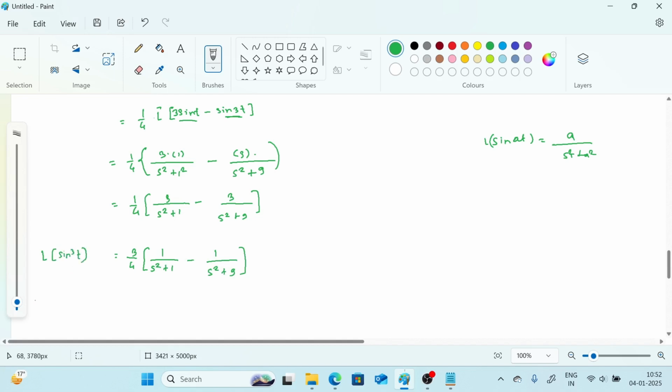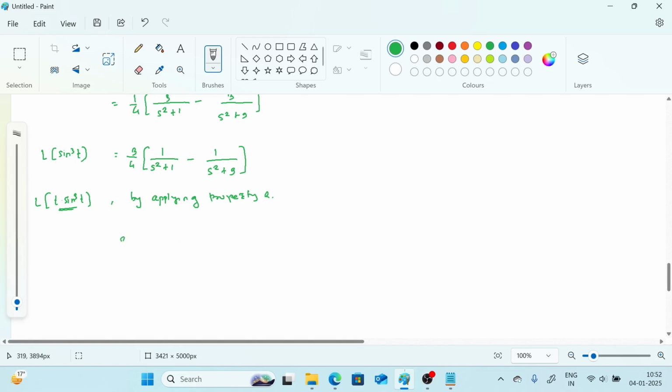Now what we have to do? We have to find Laplace of t sine cube t. So it is in the form of property 2. By applying property 2, what I will get here? 3 by 4 into minus 1 d by ds of 1 upon s square plus 1 minus 1 upon s square plus 9.